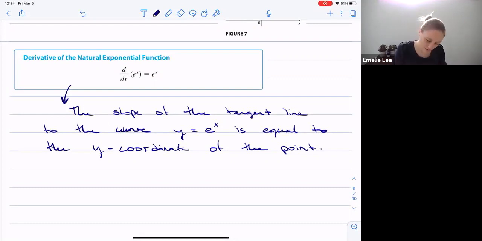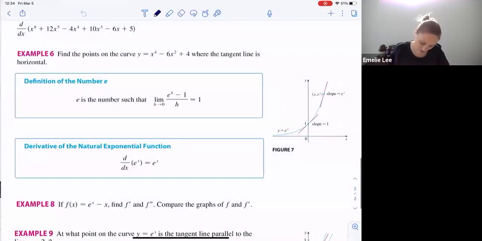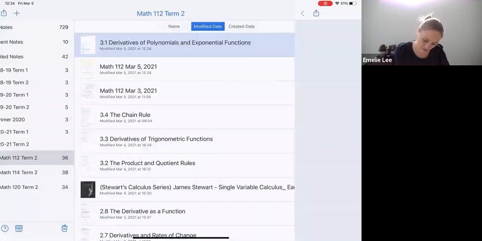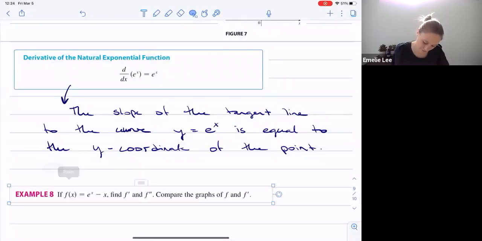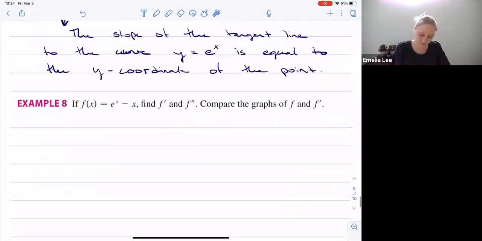Then we can do things like example 8. Remembering that e to the x is just a function itself, even though we don't have a polynomial anymore, I'm just subtracting two functions.